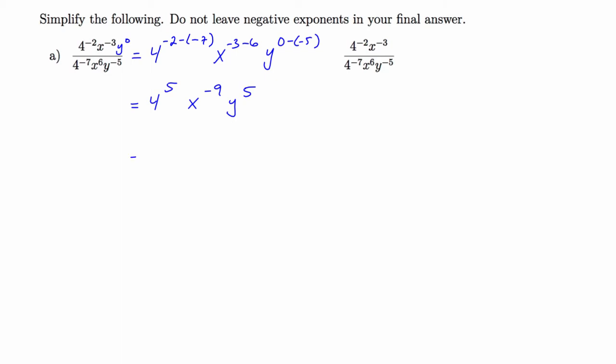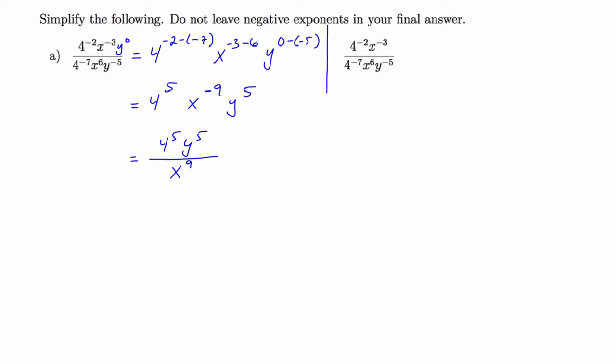As a final step, we'll notice it tells us to not leave negative exponents in our final answer, so anything with a negative exponent will need to drop down and become its reciprocal, so x to the negative 9 will become x to the positive 9 in the denominator. But anything with a positive exponent is going to stay put. 4 to the 5th, y to the 5th will stay put in the numerator. This gives us a final answer of 4 to the 5th, y to the 5th, all over x to the 9th.